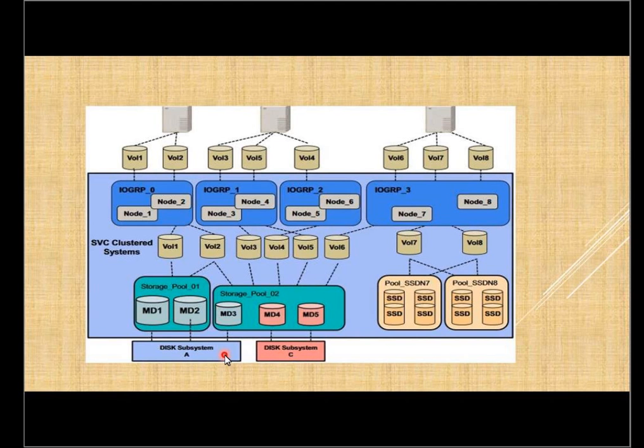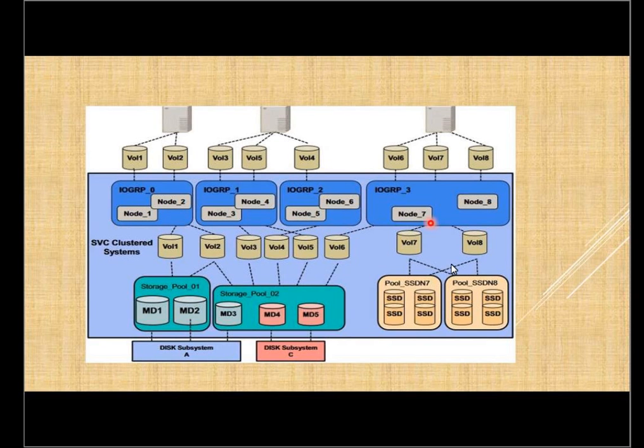Similarly, we can add multiple storage subsystems as a backend and create MDisks. As I told you before, it is a best practice to have a single storage pool from MDisks of a single storage subsystem, for reasons we already know. Then using this storage pool, we create different VDisks, called volumes here, and we can present those volumes to individual IO groups.